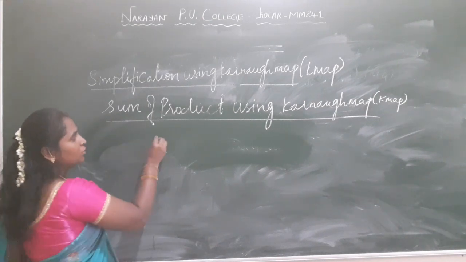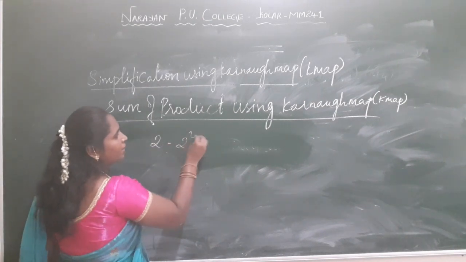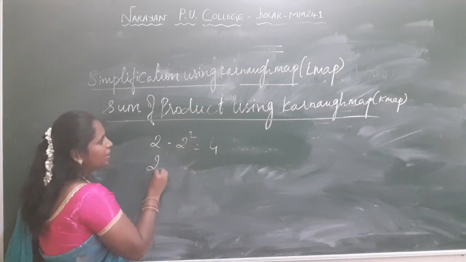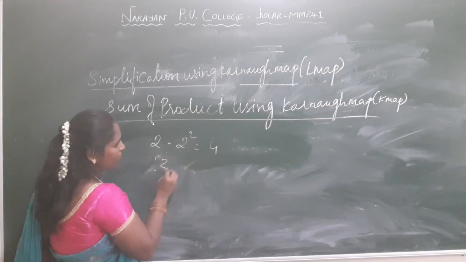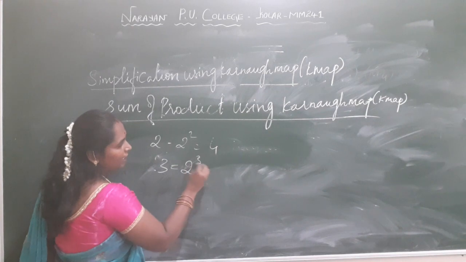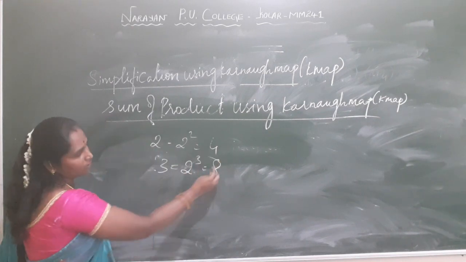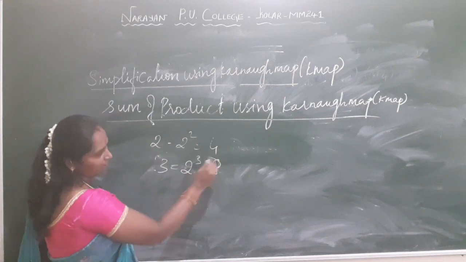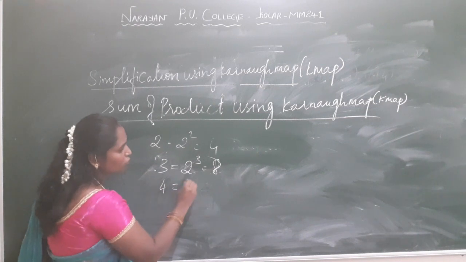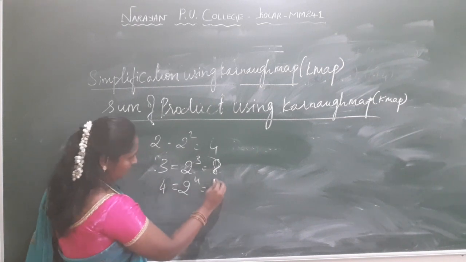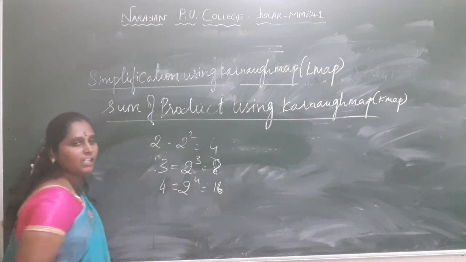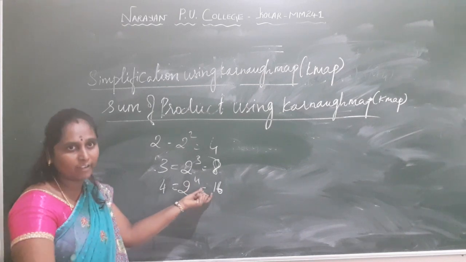If you are using 2 inputs, 4 squares will be represented. If you are using 3 inputs, 2 to the power of 3 is 8 squares will be represented. Next, 4 inputs means 2 to the power of 4, that is 16 squares. Each square is given a subscript.